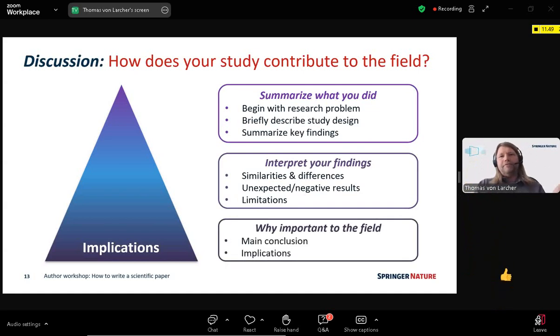All right, and then finally, the main conclusion of the discussion or of your study. So conclusions, it depends on the journal. Sometimes the conclusion is a different and an extra section. Sometimes you can put the conclusion into the discussion, and then the header would be discussion and conclusion, right?